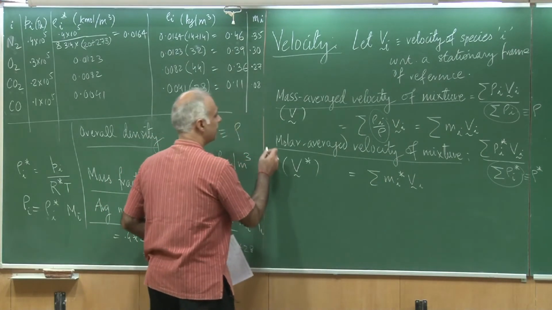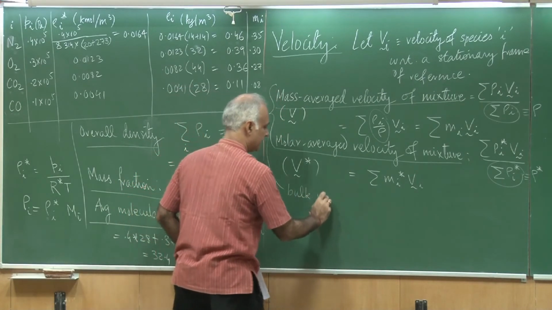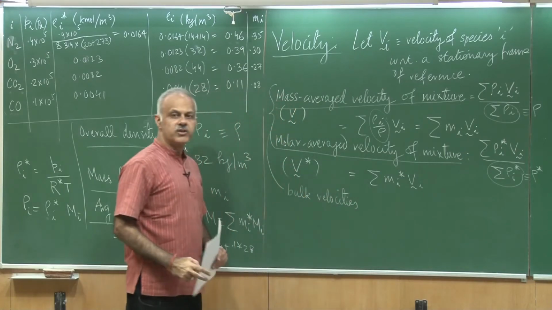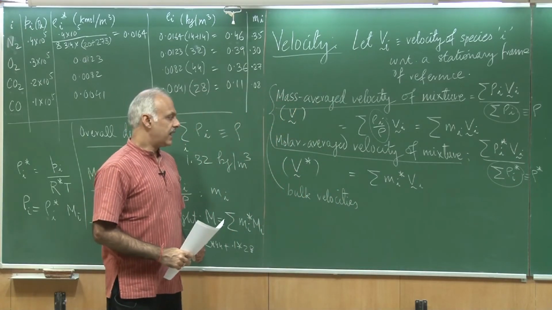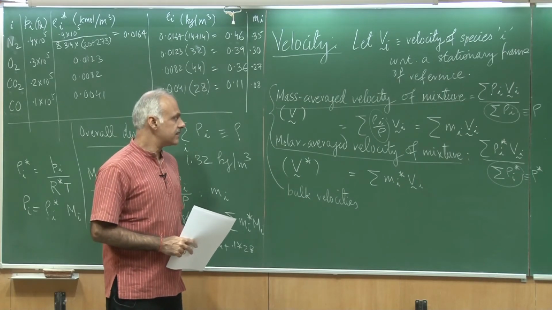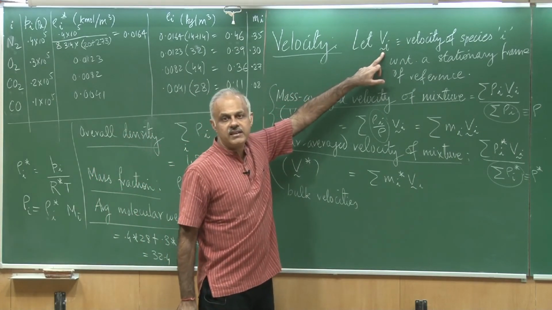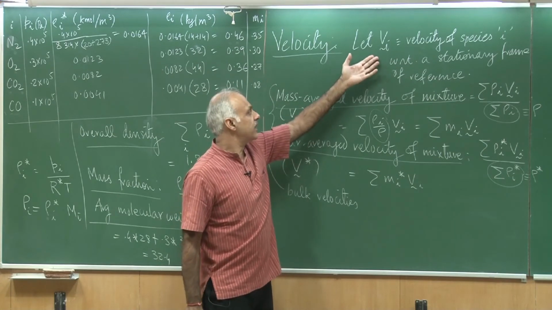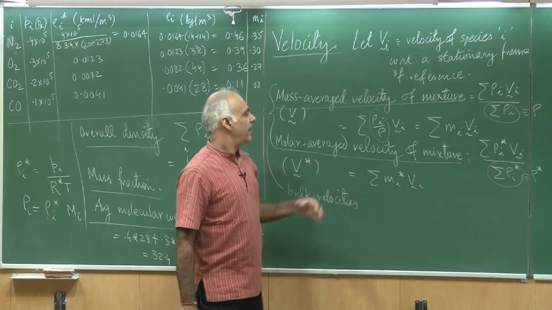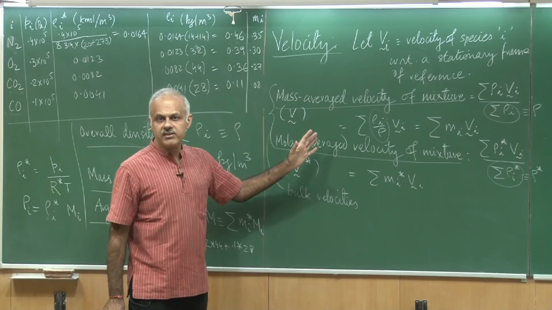Now these of course are both bulk velocities. So now you can imagine the following, that there are at least two components in a mixture, component A and B, and component A has a velocity and component B has a velocity. So A will be called VA and B will be called VB. And I can now talk about the velocity of the mixture, the average velocity of the mixture.